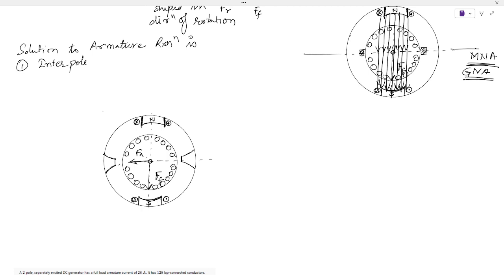What do I mean by the polarity of the incoming pole? If we are rotating this way, the incoming pole is south. So the polarity of the interpole under this condition, when it operates as a generator, should be south.